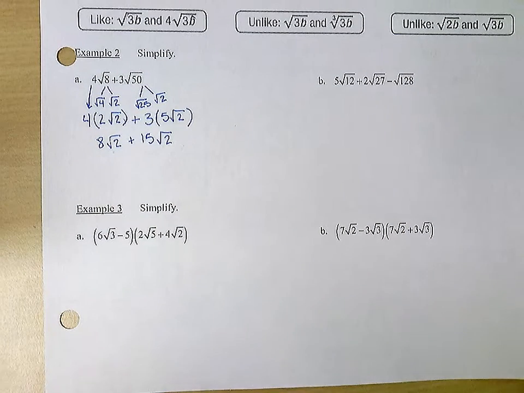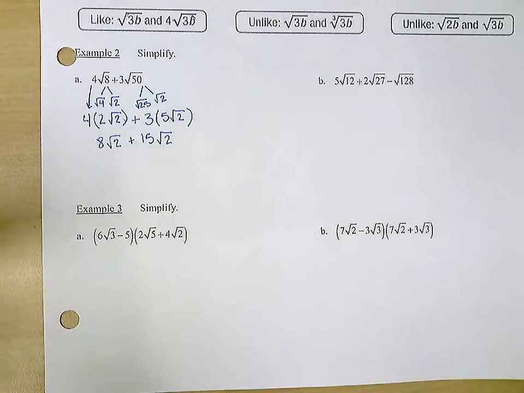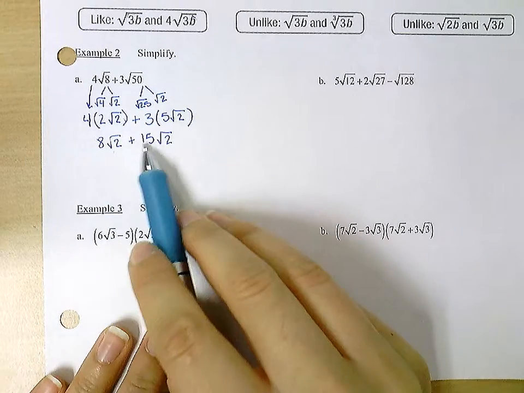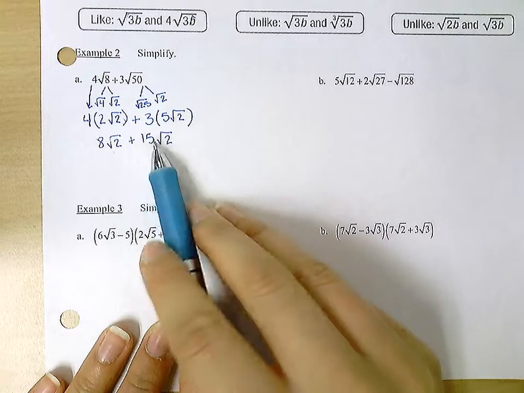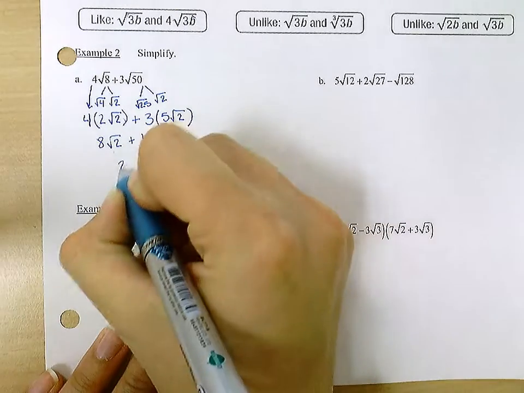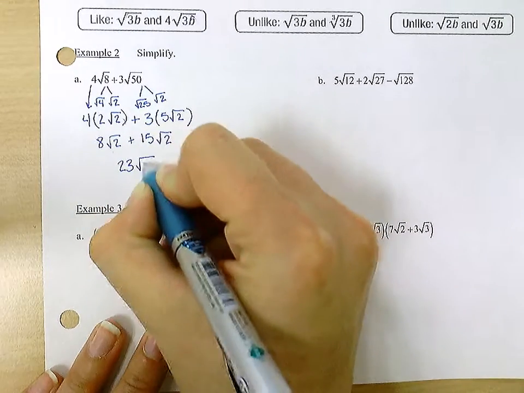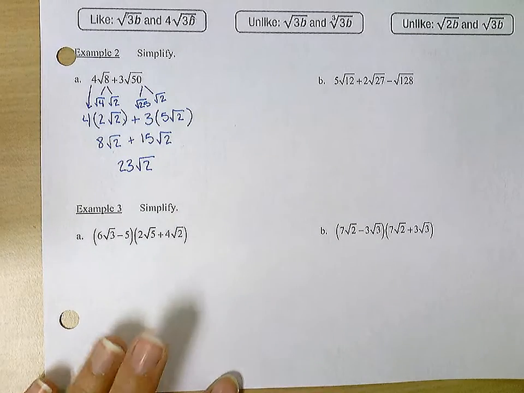Can I combine these two? Is the root the same? Is the radicand the same? The number on the inside, is it the same in both? Yes. So then yes, I can combine these. So I can add that number on the outside. So 8 plus 15 is 23. And then you still have the square root of 2.